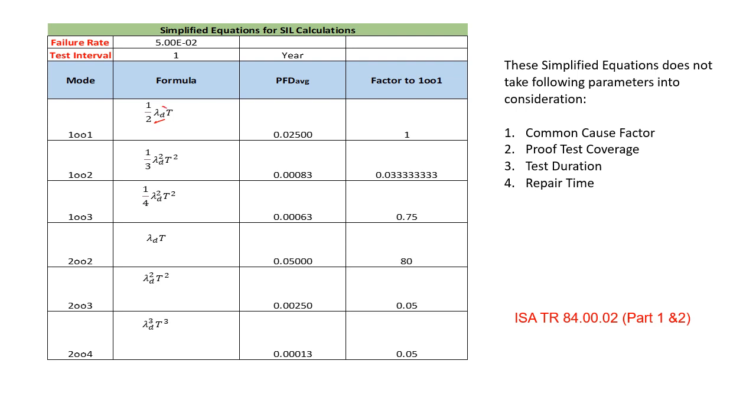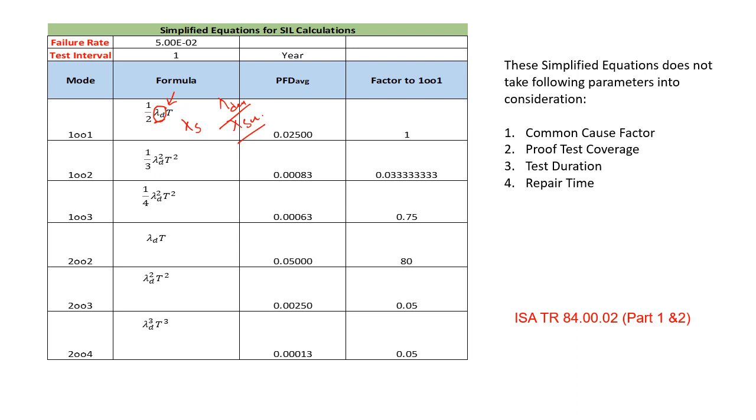But we know that the failure rate not only consists of lambda d; there is lambda s also, and there are two parts in lambda d, that is lambda du and lambda dd. So for simplification, here we have taken lambda d, but other failure rates should be included also, right?